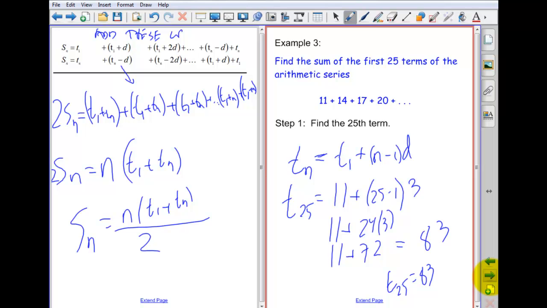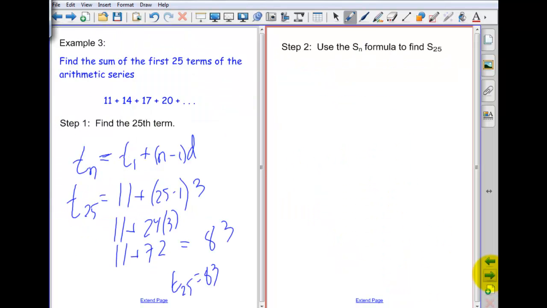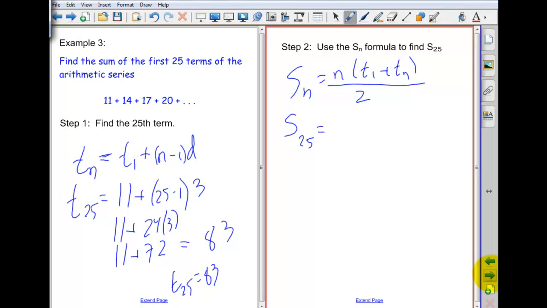That just tells us what the 25th term is. We want the sum. Now use the sum formula to find S sub 25. S sub n is n times T sub 1 plus T sub n all over 2. So S sub 25 is 25 times T sub 1 plus T sub 25 all over 2. I'm just taking my time on this so you understand this concept of n and T sub n are very different.